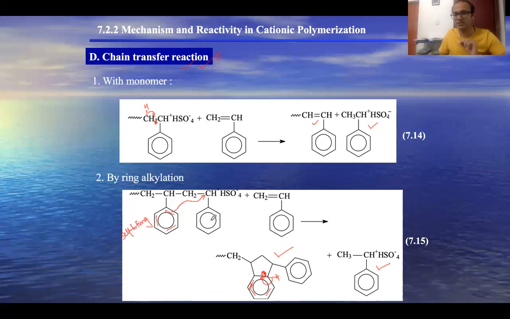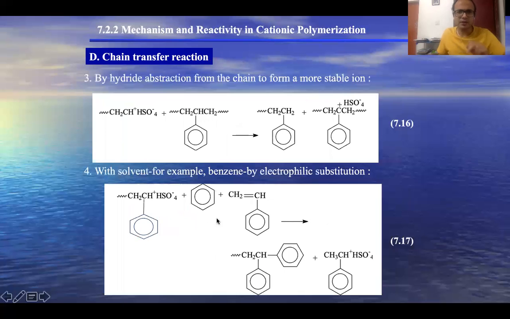So these processes cause premature termination of the growing chain, and that is why low molecular weight polymers are generated. Another way this happens is hydride abstraction to form a more stable ion. Basically, the propagating cation accepts a hydride from here.